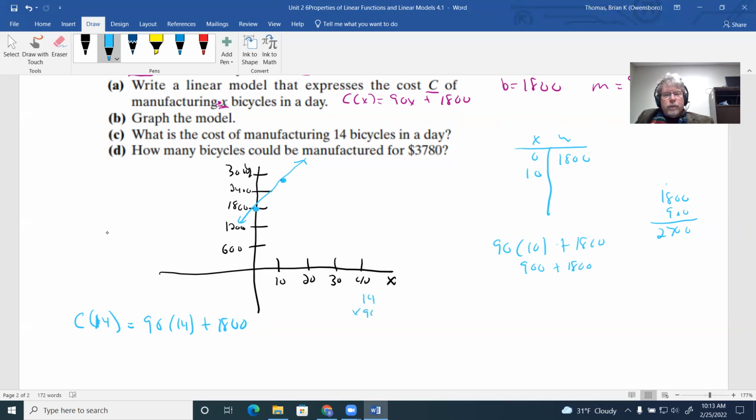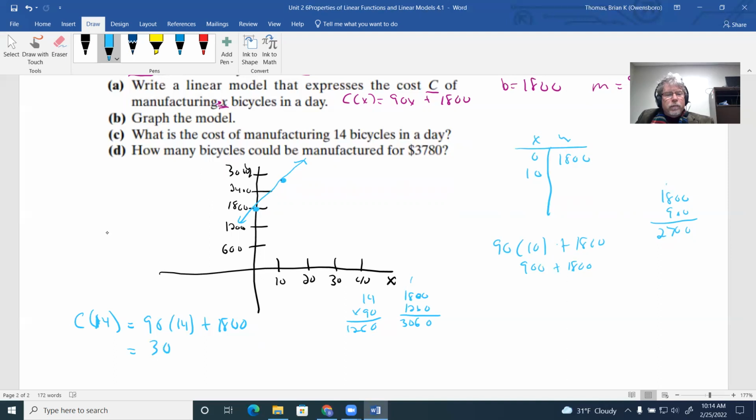14 times 90 looks like 1,260. And then I have to add 1,800 to that. So 1,800 and this 1,260, it looks like 3,060. So that's about what I was predicting off of my graph.